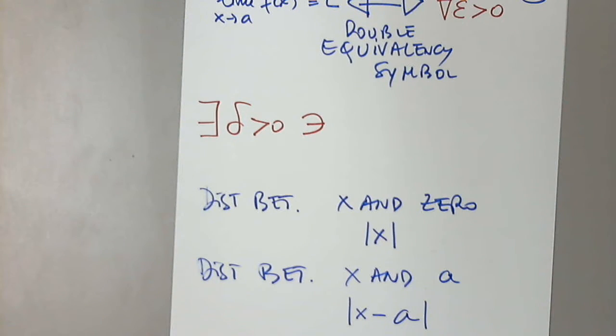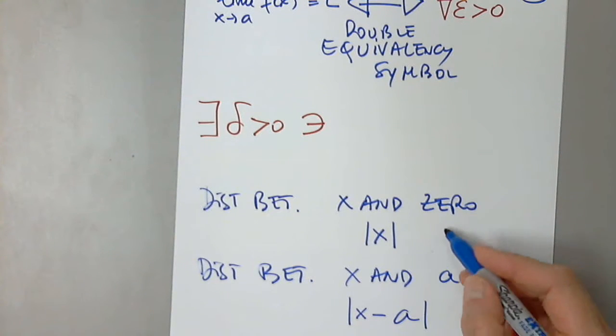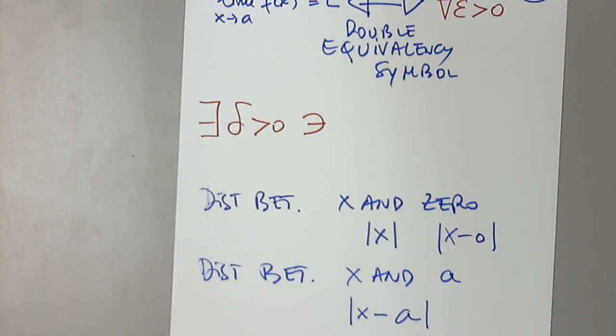Right, that's the distance between x and a. The distance between x and a is the absolute value of x minus a. The distance between x and 0 is the absolute value of x minus 0.